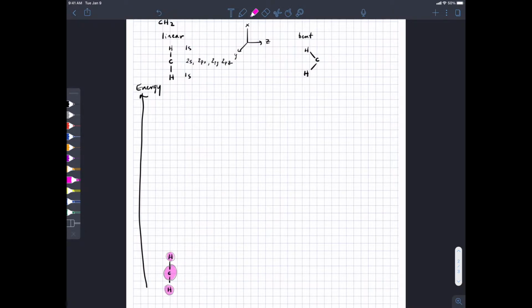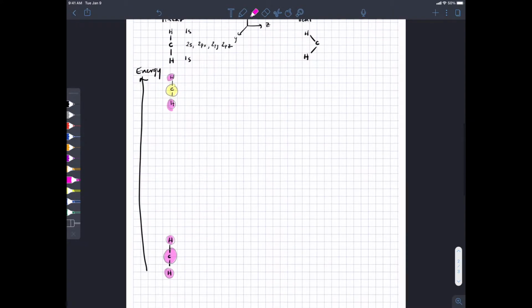And then there would be a higher energy anti-bonding combination that we'll put clear up here, not because it's immediately clear that it should be really high in energy, but because we're going to need it later on when we mix the orbitals together to get the sigma out orbital.